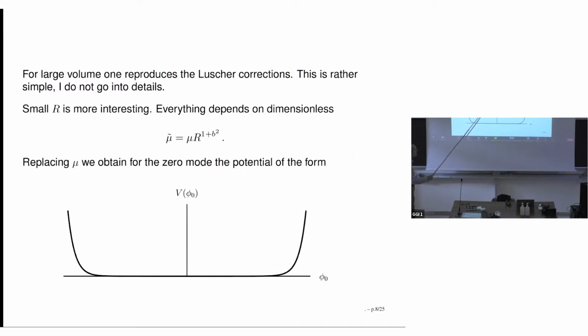Now suppose that the radius is small. Then it's easy to see the potential for the field phi. There is a zero mode and then oscillations. And the zero mode is getting like that. It goes further and further when R goes to 0.